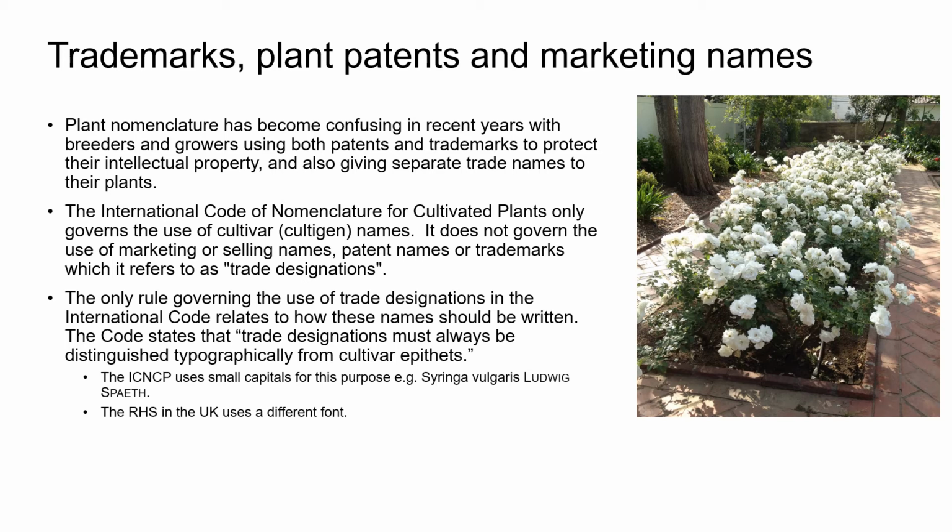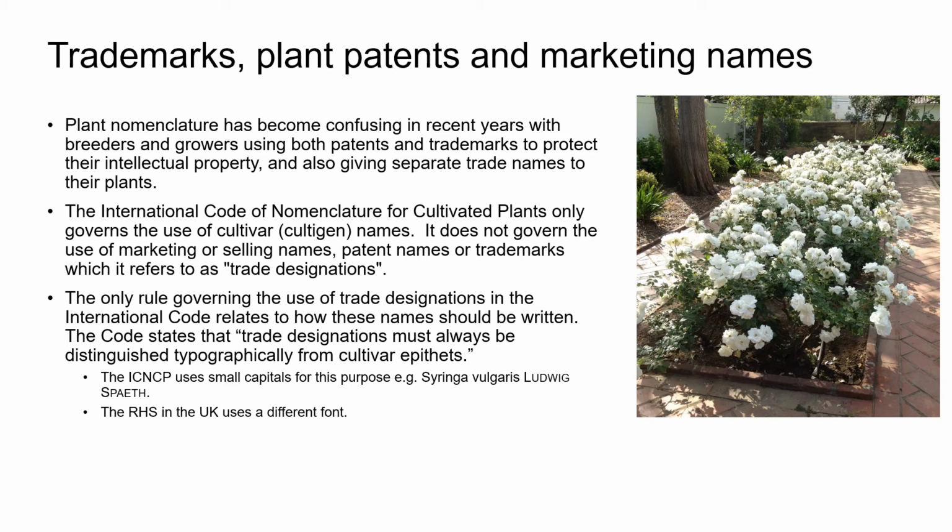The only rule relating to the use of trade designations in the International Code refers to how these names should be written. And the code states that trade designations must always be distinguished typographically from cultivar epithets. What this means is that you need to write the trade designation in a different font.